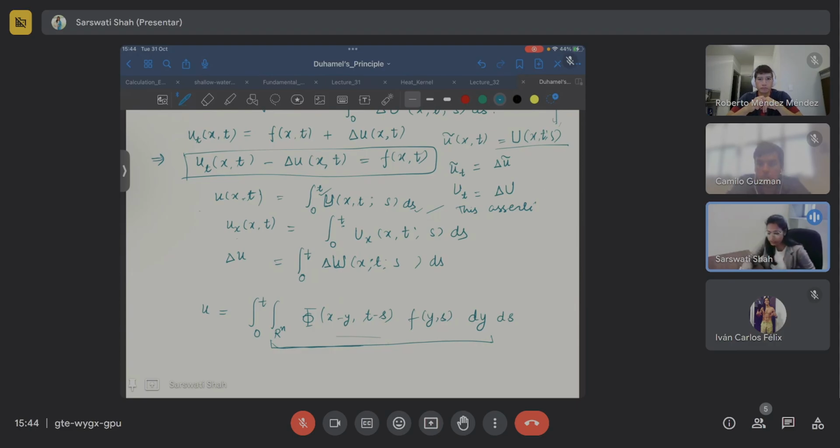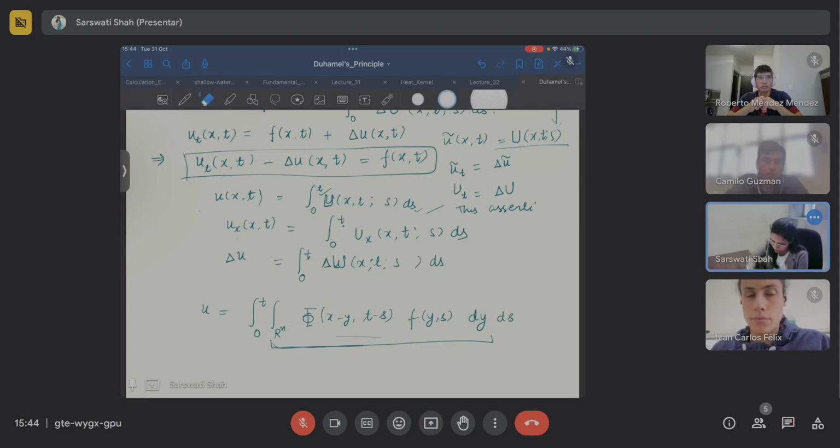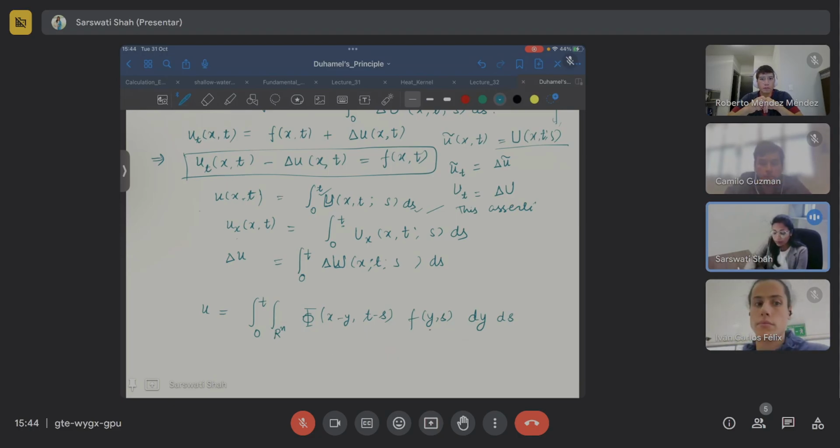If you have doubt, then please ask, don't feel shy. So, this is the heat kernel and this is the variable initial condition for the homogeneous heat equation, isn't it?